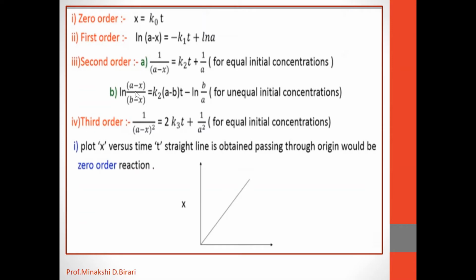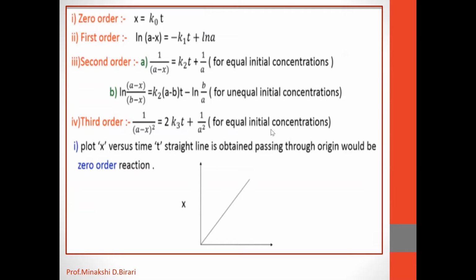ln[(a − x)/(b − x)] = k2(a − b)t − ln(b/a). So it is for unequal initial concentrations. Then for a third order reaction, 1/(a − x)² = 2k3t + 1/a².